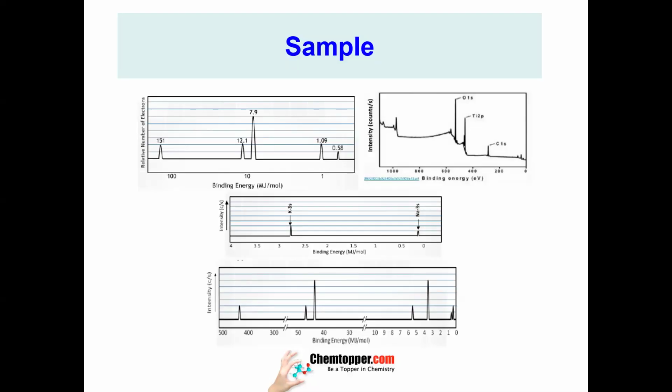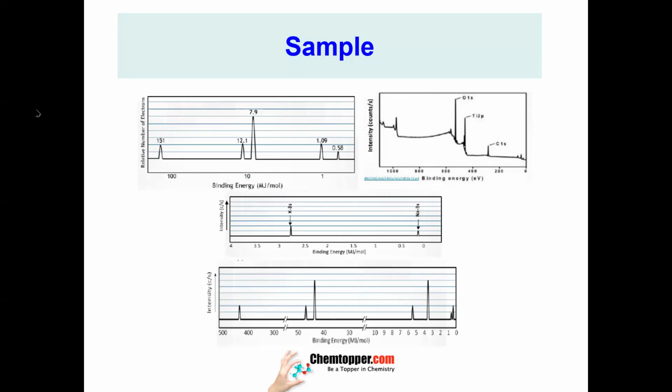This is also called binding energy, the energy with which the electron is bound to the nucleus. It's the energy needed to break it apart. This is high energy, right? Can you see how the energy is decreasing?